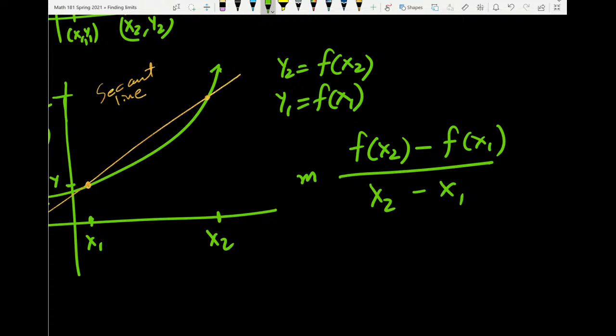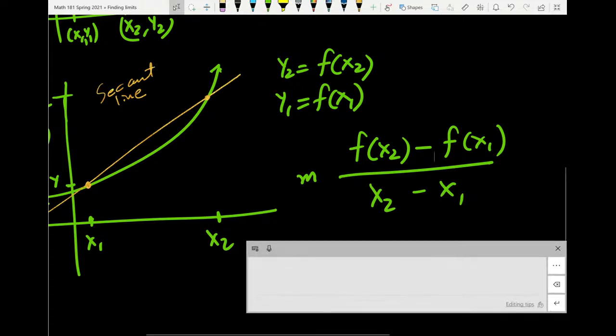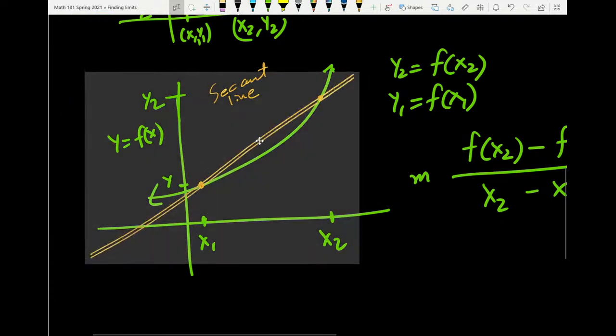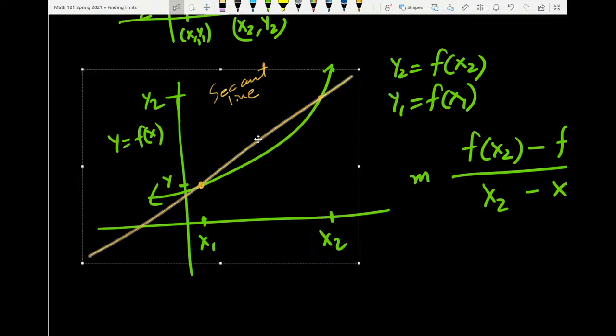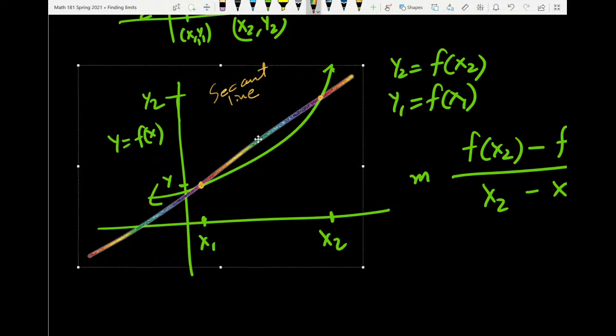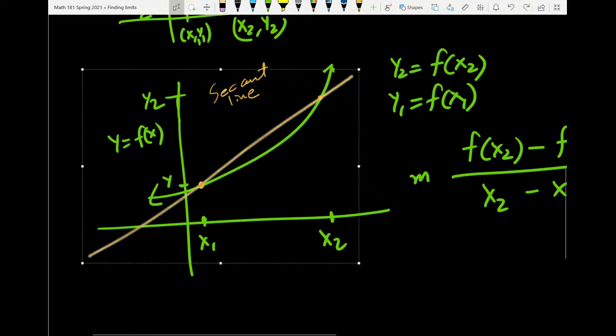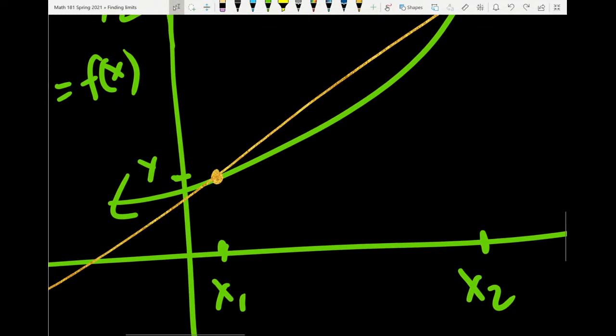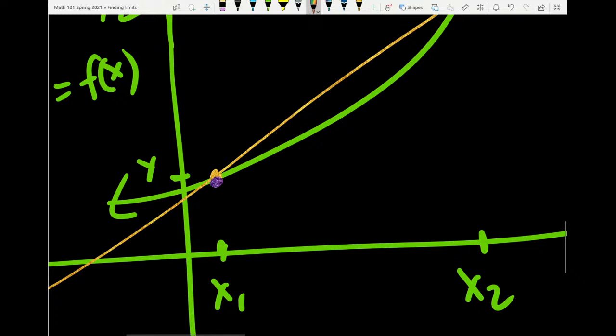Now, what if I take this point? Let's try to find the slope of the tangent line at this point. That's the tangent line.